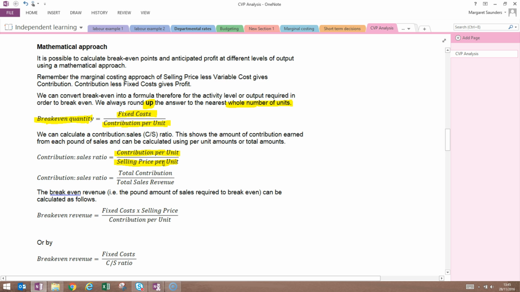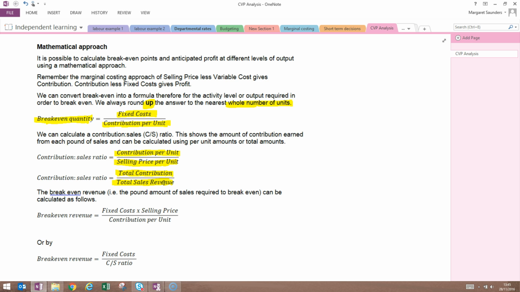Now the CS ratio can be calculated using unit figures, so the contribution per unit divided by the selling price per unit, or you can calculate it on total figures, so total contribution divided by your total sales revenue. Whichever way you do it, you will get the same answer for your contribution to sales ratio.